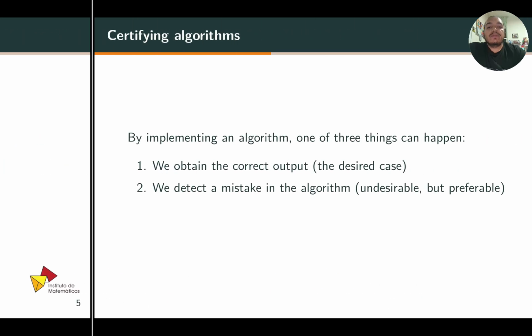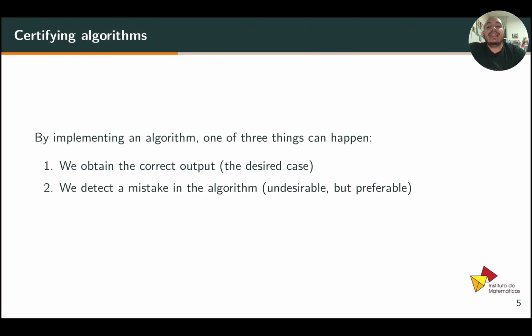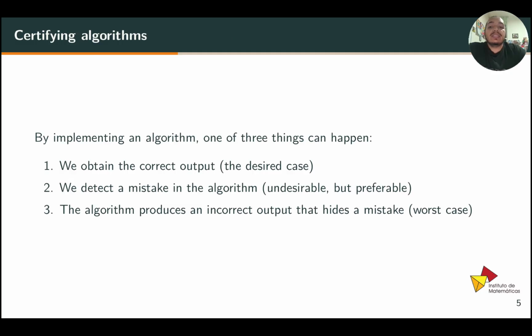Something which is undesirable is that at the time you run your algorithm, you obtain an output that you detect as a mistake in the algorithm, and this is undesirable for sure, but it is preferable than the third option, which is that the algorithm produces an incorrect output but you don't notice. So that incorrect output is hiding a mistake with the algorithm or with the implementation of the algorithm. And this is the worst case because you don't notice anything at all.